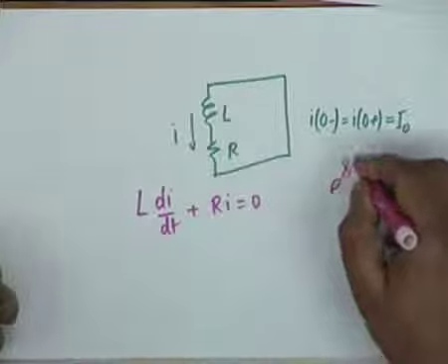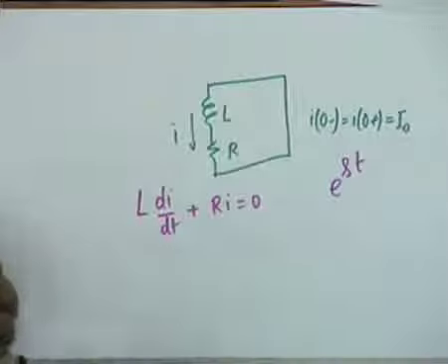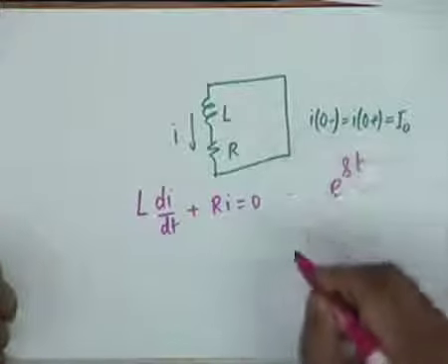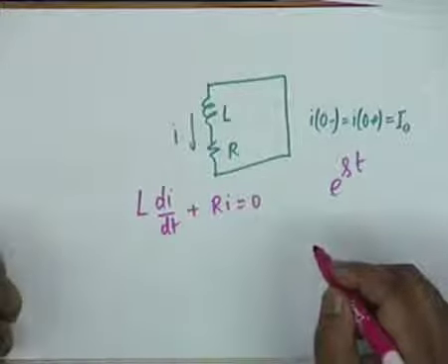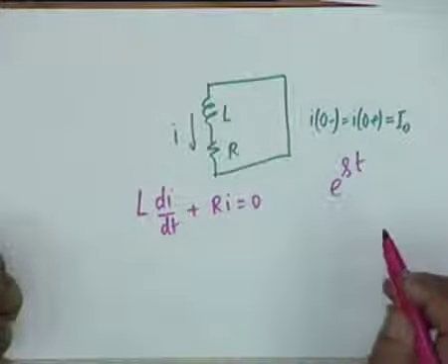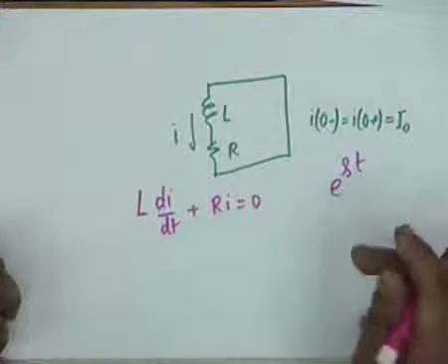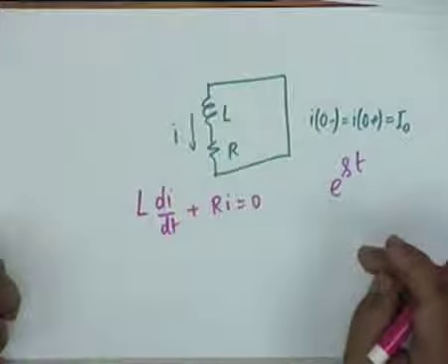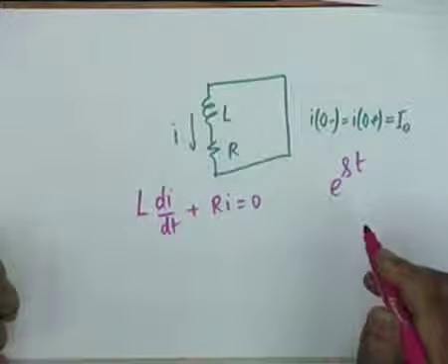Incidentally, what should be the dimension of s? 1 by t, second to the minus 1, and 1 by t is a frequency, and therefore small s is called a frequency. We will come to the physical interpretation of small s a little later, and you will see how nicely it tunes with physical concepts of frequency.